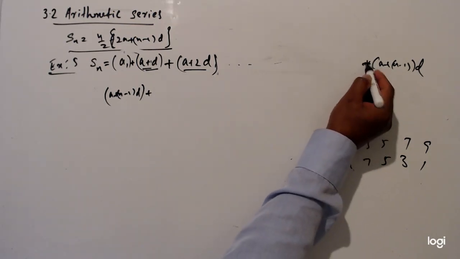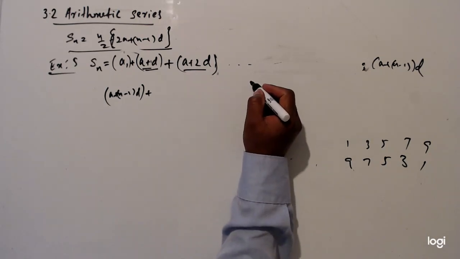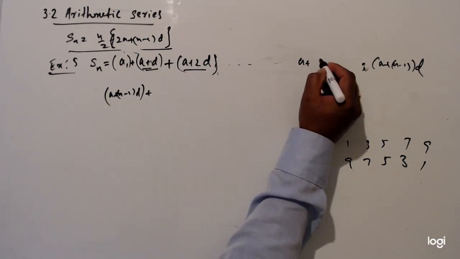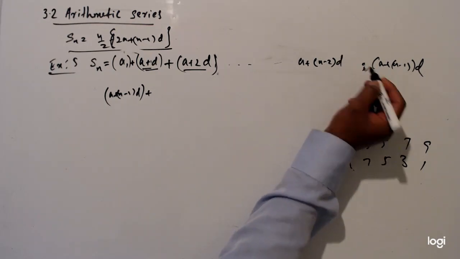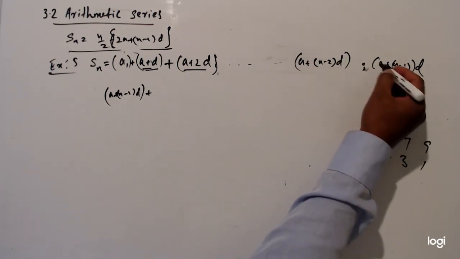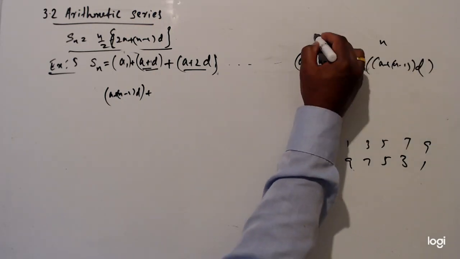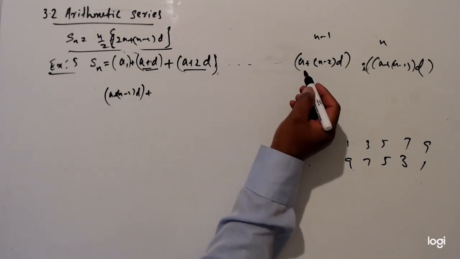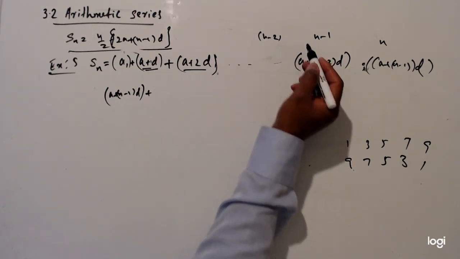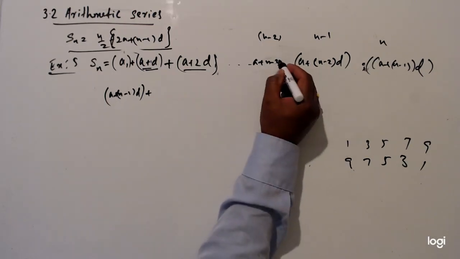What is the term before this? It means a plus n minus 2 d. So this is the nth term, this is the n minus 1 term. And what is the n minus 2 term? So a plus n minus 3 d.